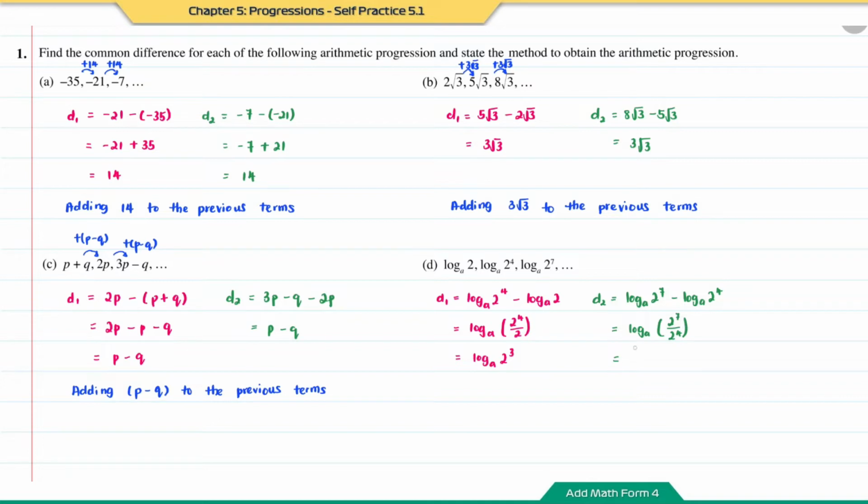After you cancel, the power is going to be log base a of 2 to the power of 3. So the method to obtain this arithmetic progression is that you are adding log base a of 2 to the power of 3 to the previous term.